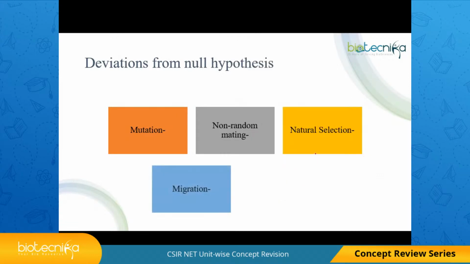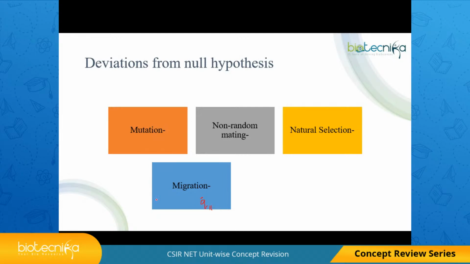The next disturbing element is your migration. Now, the new allele frequency after migration is written as Q2. This is representing the frequency of the recessive allele in population 2, which is facing the migration.